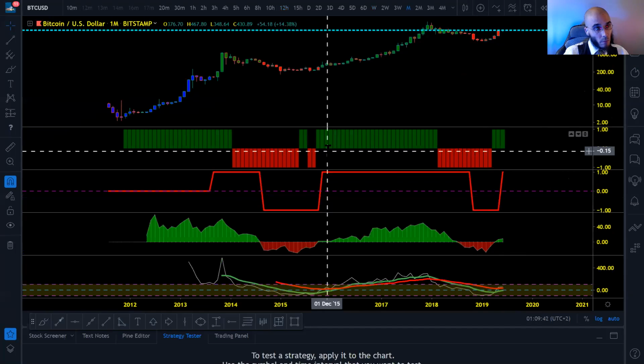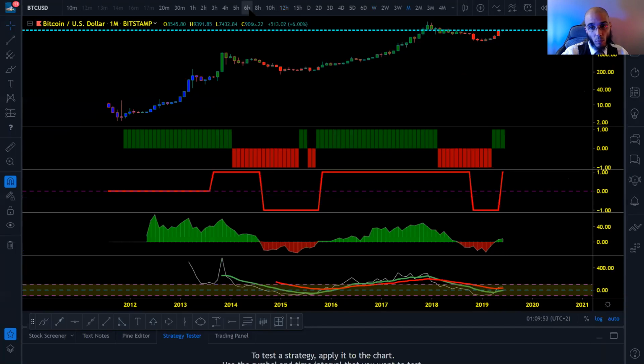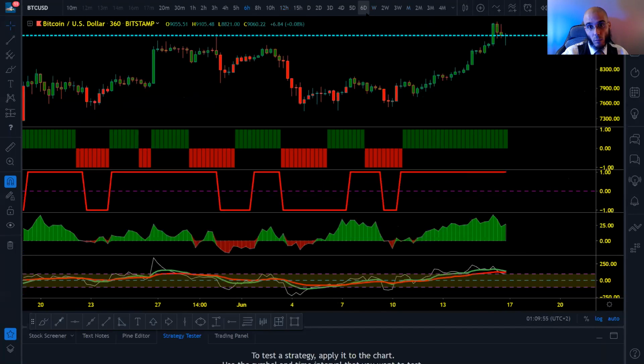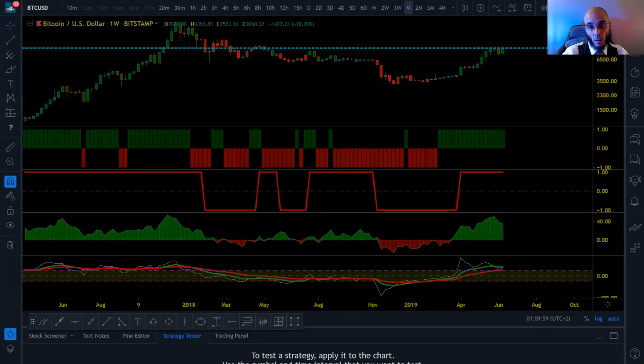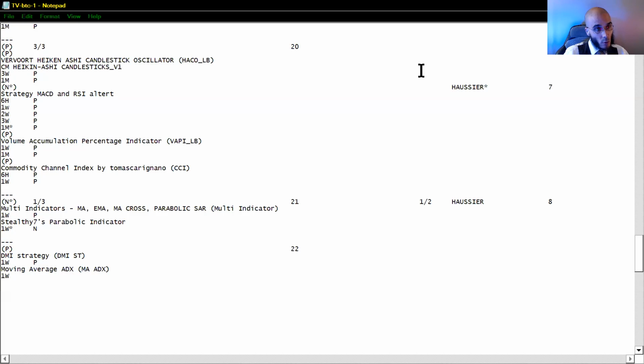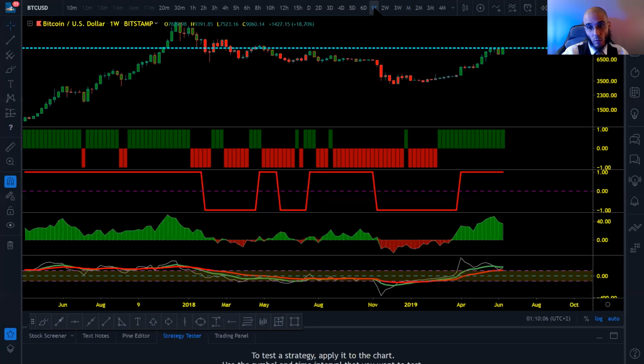We are positive on the 1 month and the 3 weeks. We are positive on strategy MACD. Let's look if the 6 hour is positive too. Yes, it's still positive. And then let's take a look at the volume, positive. And the 1 week is also extremely positive, I guess.